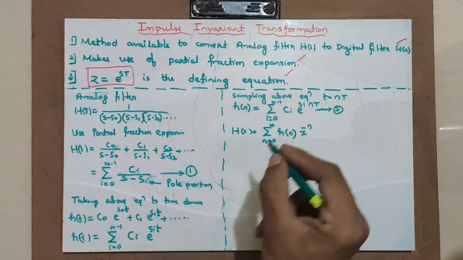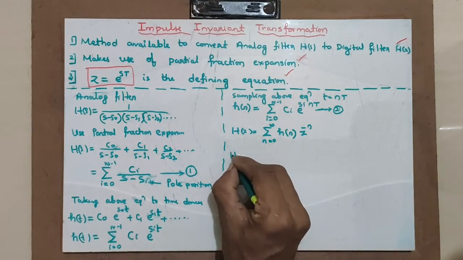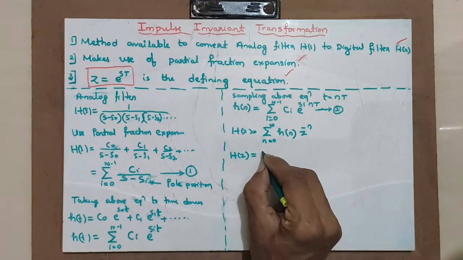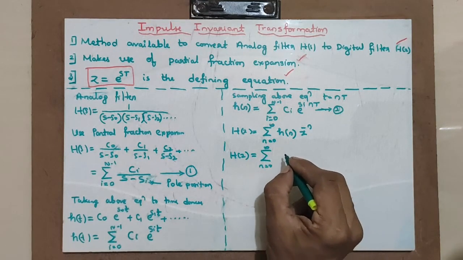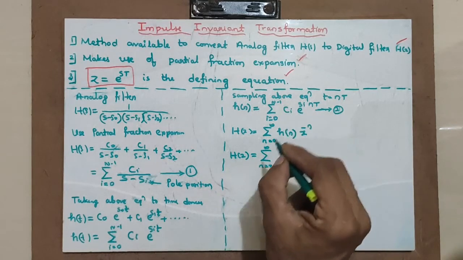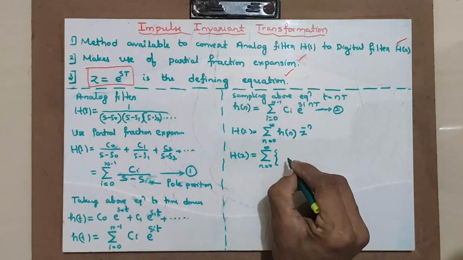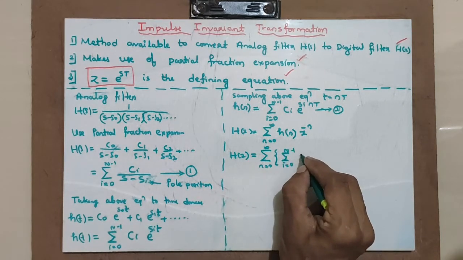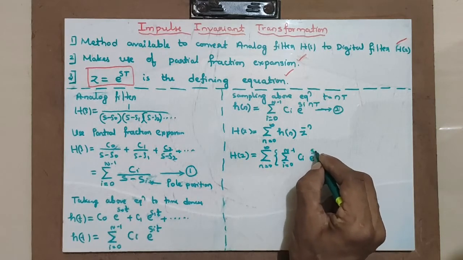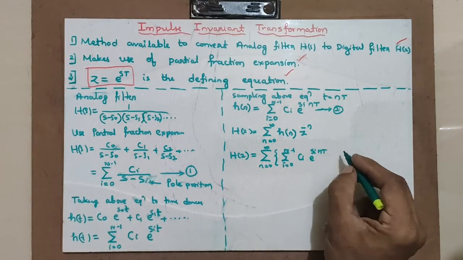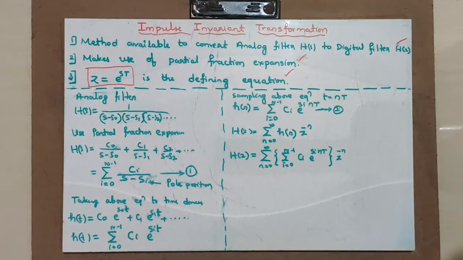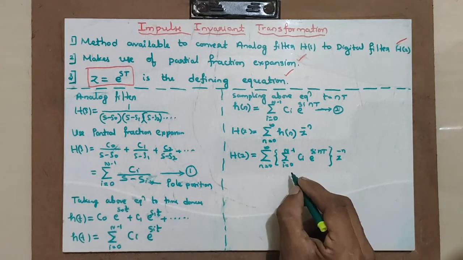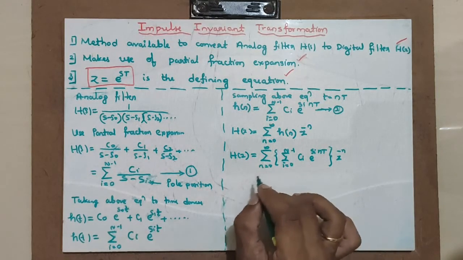Now h of n I substitute from the above equation. Hence H of z becomes equal to summation n is equal to 0 to infinity of h of n, and instead of h of n I have to substitute equation 2, isn't it? That means summation i is equal to 0 to n minus 1 Ci e raised to Si nT z raised to minus n. Now what I do is I will bring the i summation outside and take this inside.